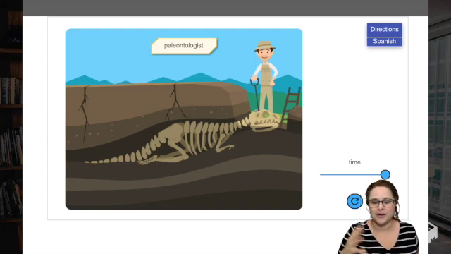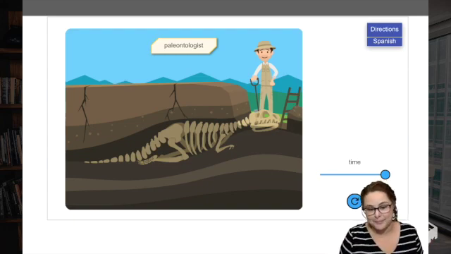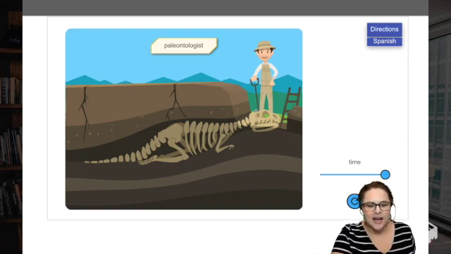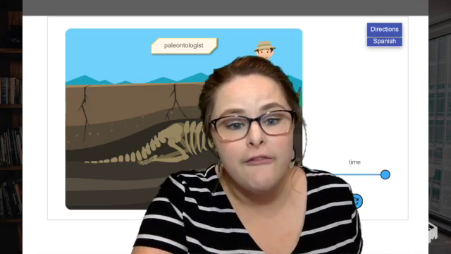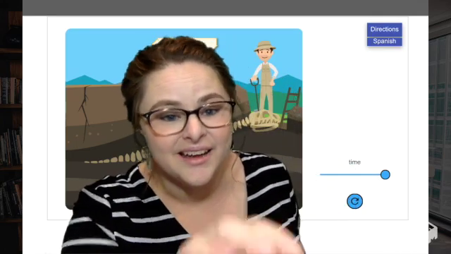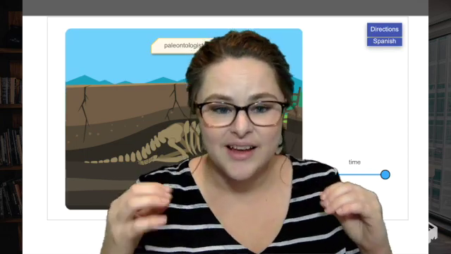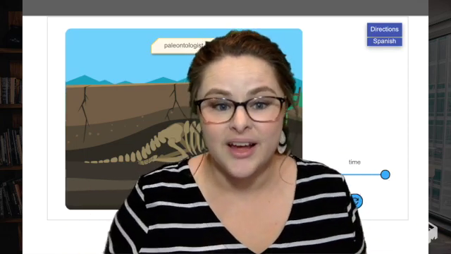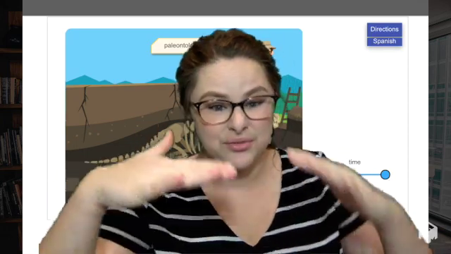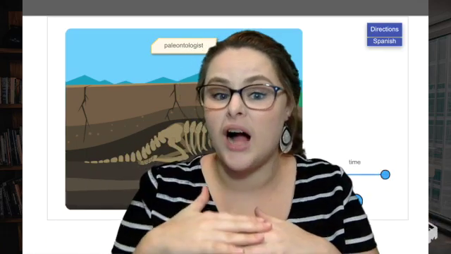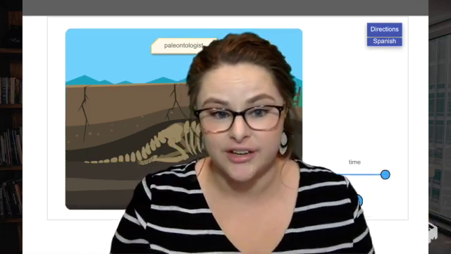This would be the moment where we as humans could find that skeleton by digging it up. So you can see that that is the natural process of how fossils are made. The animal dies, and then we find out how these fossils are made through layers and layers and layers of rock and pressure.